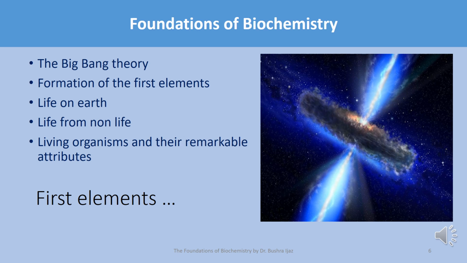You all know that 15 to 20 billion years ago, the universe came across an eruption of hot, energetic, subatomic particles. And then within seconds, the simplest elements, hydrogen and helium, were produced. Now, as the universe expanded and cooled, materials condensed under the influence of gravity to form stars.